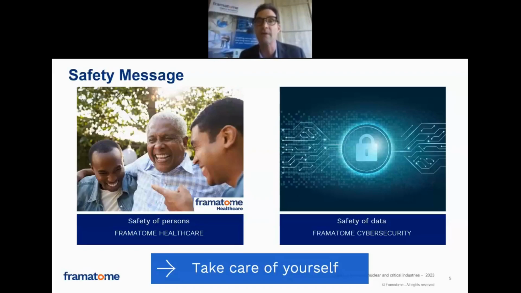Cybersecurity is a strong area of concern, and in our industry, so nuclear and critical industries, this is a rising concern that we all need to be very conscious about and keep clear in our mind to make sure we are adopting the right cybersecurity practices and good habits. Thank you. Let's move on.